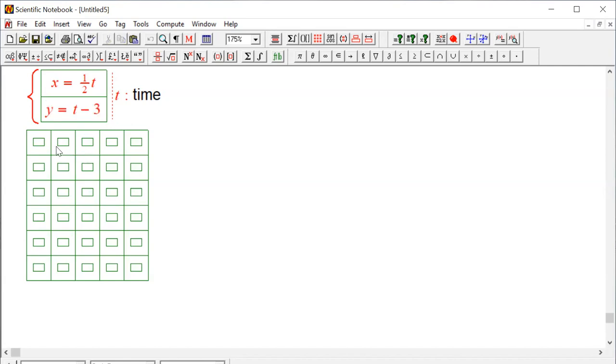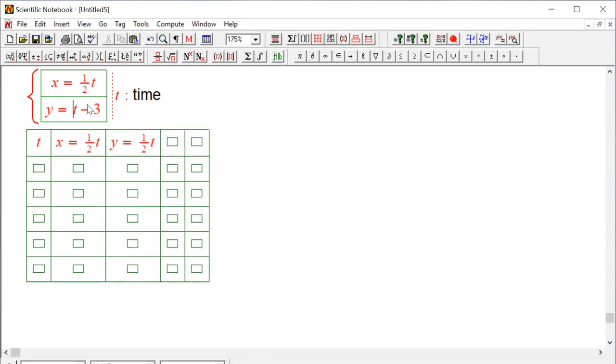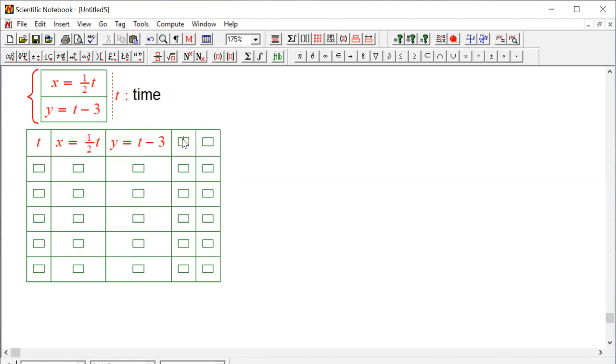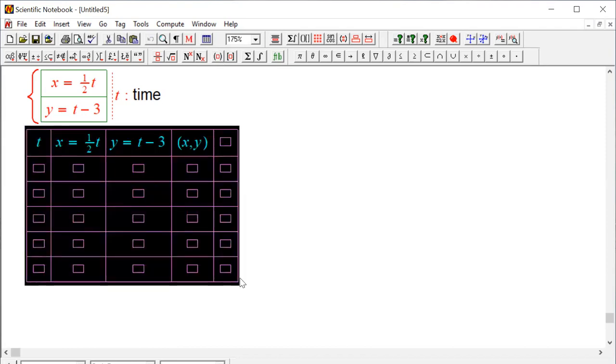So we have t as a variable, and x is a function of t, and y is a function of t, right? They all depend on t minus 3, sorry, here, right? And then you get the point x comma y, and then you put the points together.